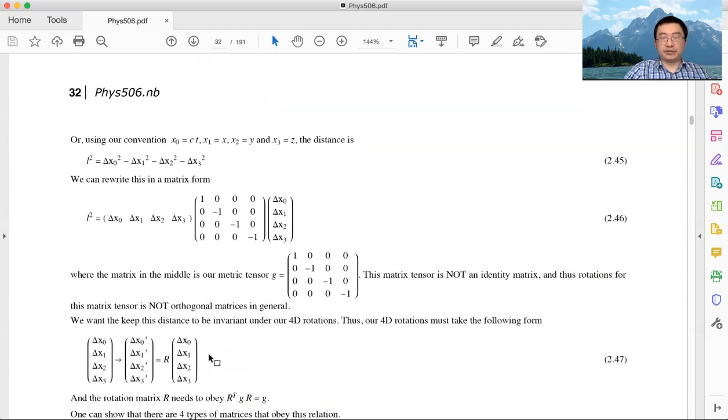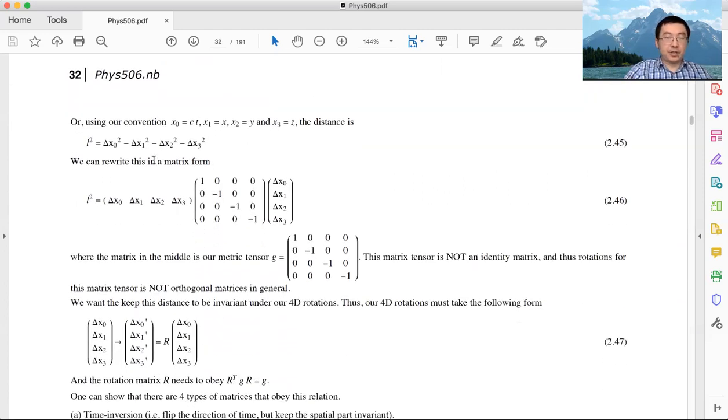It's just a change of convention. And this convention is nice because we can immediately write this distance squared in matrix form: delta x 0, 1, 2, 3, with a matrix in the middle.